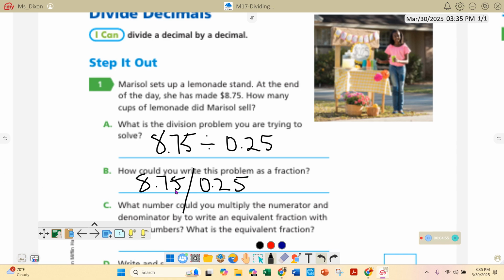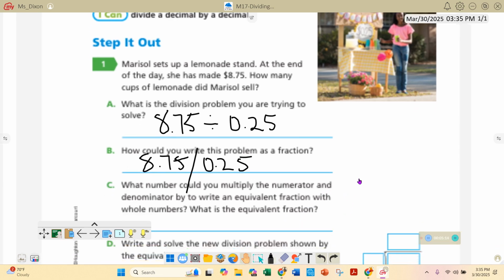Okay, so again, your divisor is going to be your denominator, that bottom number, and your dividend is going to be your numerator. Whoops, the top number. Let me erase that little mark right there. Your top number.